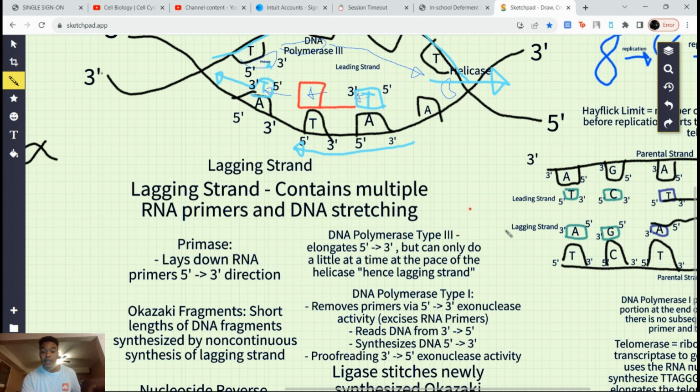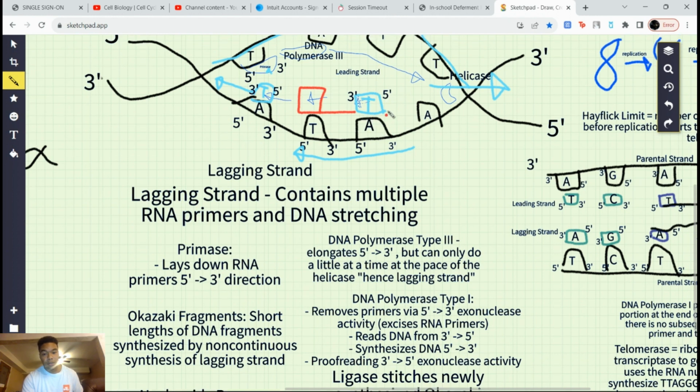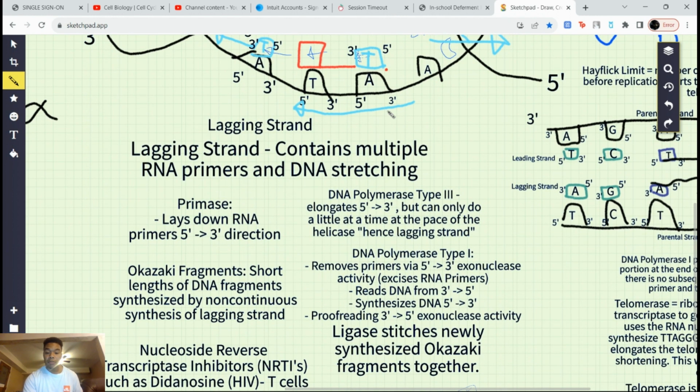But DNA polymerase type 1 goes over this, and every time it runs into a primer, it removes it, adds a nucleotide, adds a nucleotide. But the same deal: it synthesizes from 5' to 3' and it needs a 3' hydroxyl group to add.